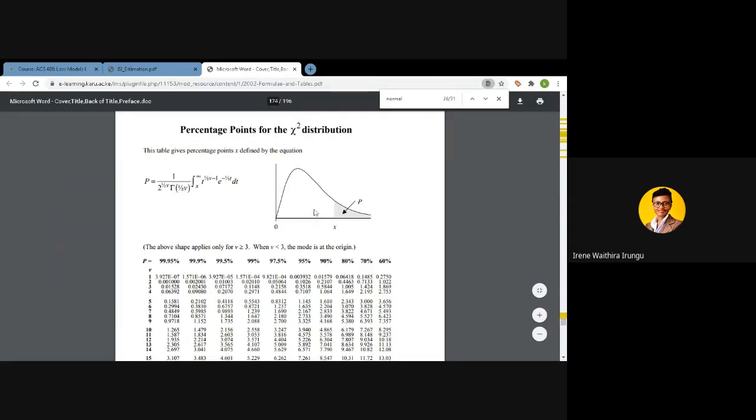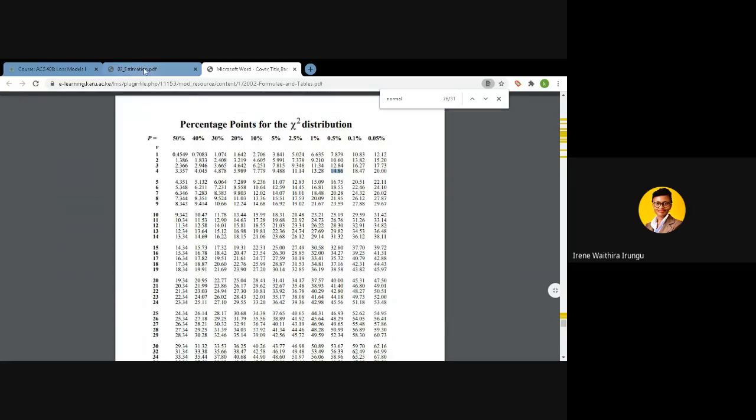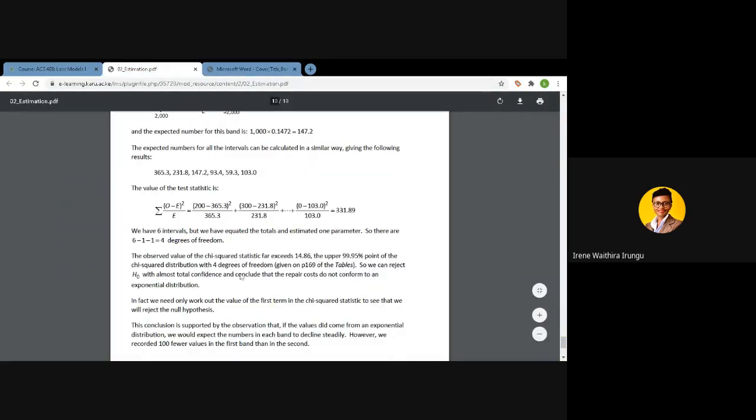In this table, you can see the difference if you compare this to what we had for the normal. If you now want the less-than side, which is our interest, then you will have to read these probabilities in the reverse manner. So you take 100 minus whatever you're looking for, so that this is our value corresponding to that 99.5%.